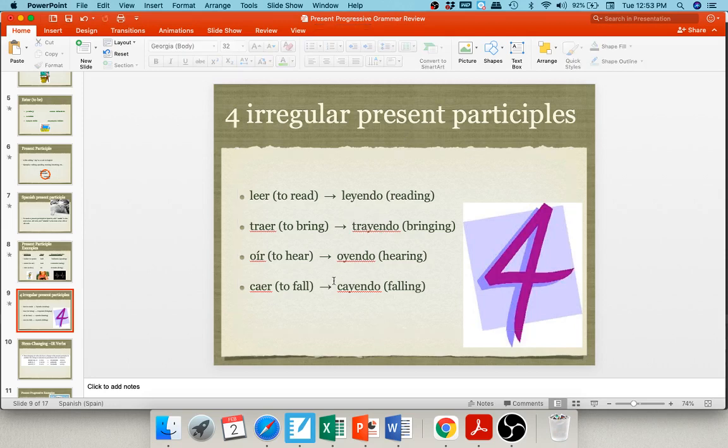Instead of leyendo, trayendo, oyendo, cayendo with an I, it becomes a Y. It's just easier to pronounce. So all of these have a Y, as you can see. And in this case, when you have those three vowels side by side, your I just changes to a Y. So leyendo, trayendo, oyendo, and cayendo.